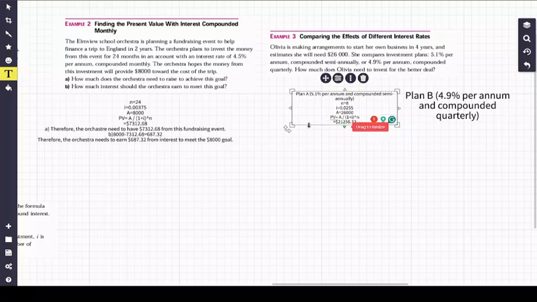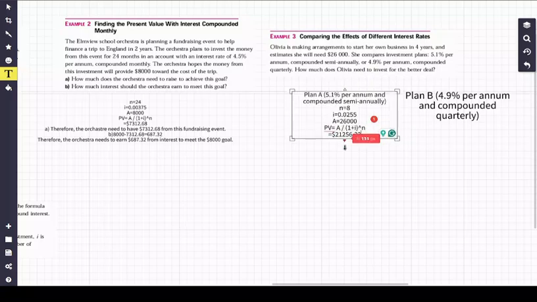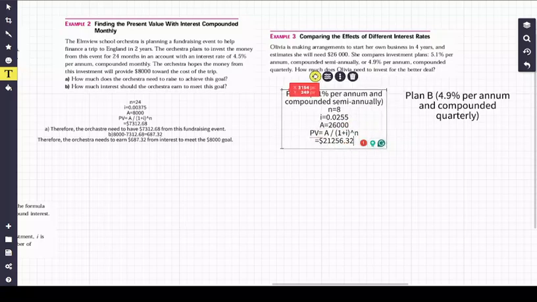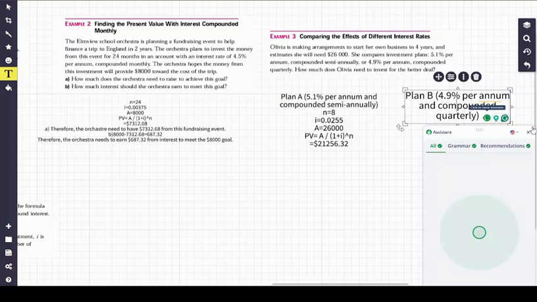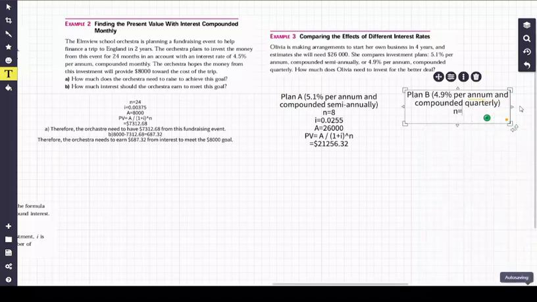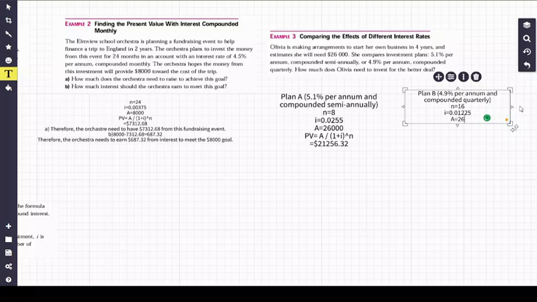Okay, so we just did one, and note that we do want the least amount of starting value. So let's go ahead and see this. n equals quarterly, so we'll have 4 per year, so we'll have 16. And i is going to equal 4.9 divided by 100 and then divided by 4 a year, so it's 0.01225, a very small number, and A is still going to be 26,000.